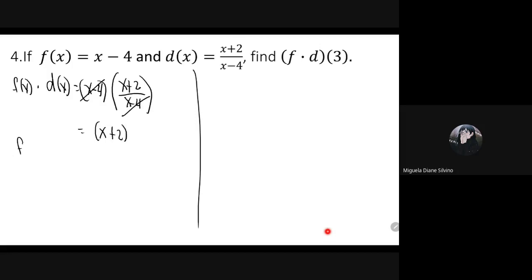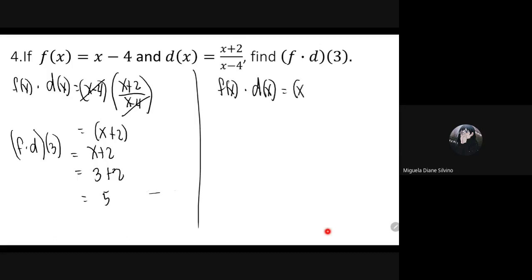So f times d of 3, ang sagot natin dyan ay 3 plus 2, kaya magtatapos yan sa 5. Yung isa naman, dito pa lang kay f of x, mag-evaluate ka na, which is x minus 4 times x plus 2 over x minus 4.